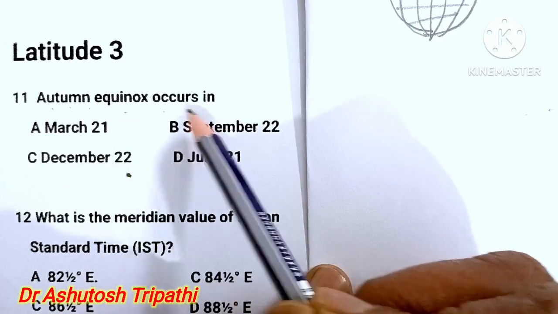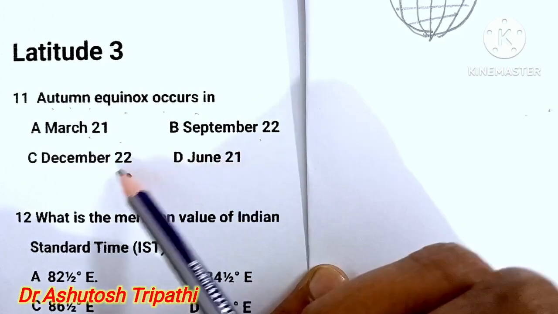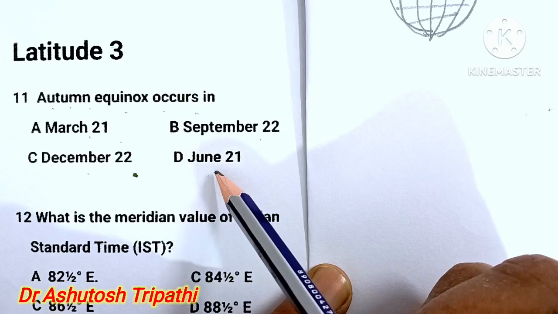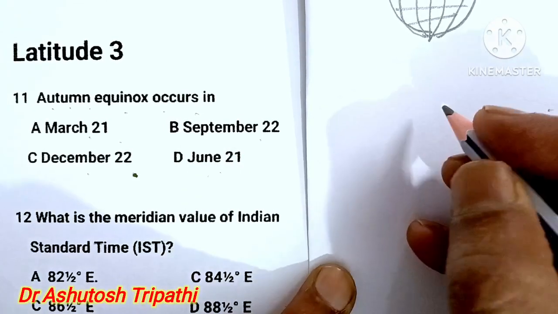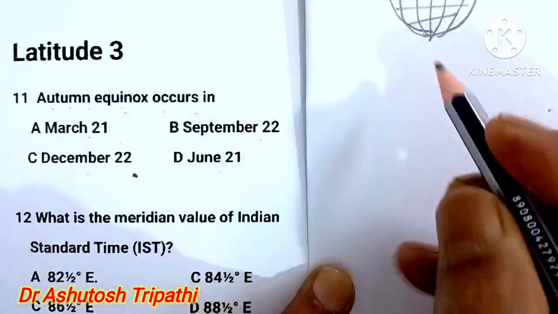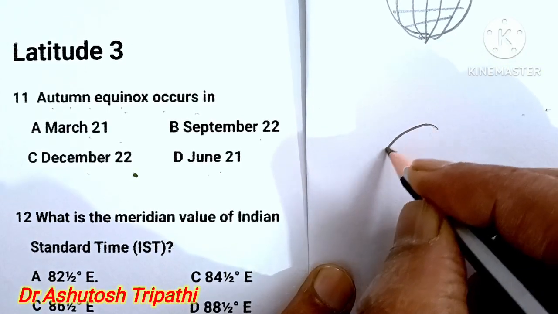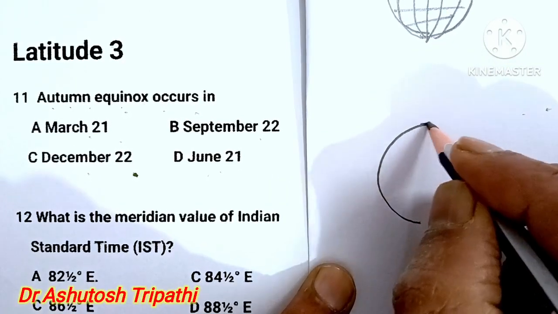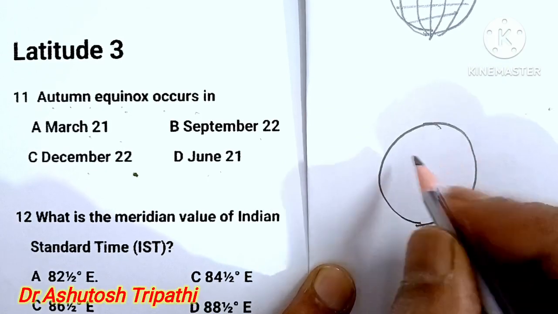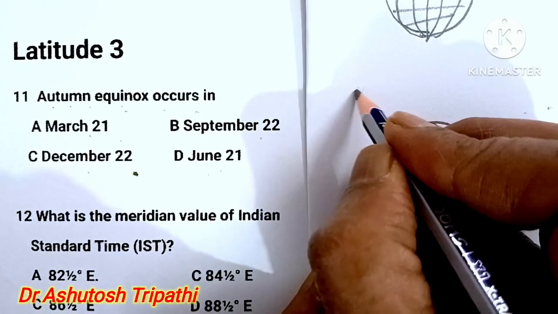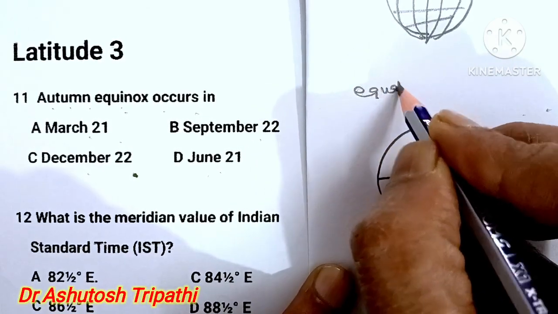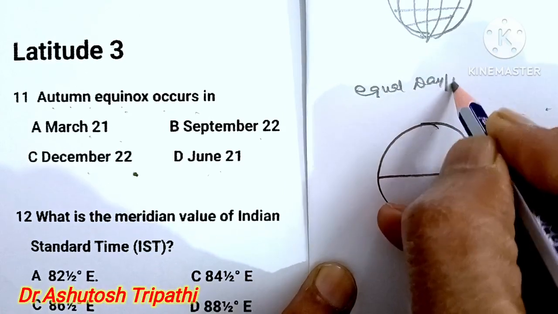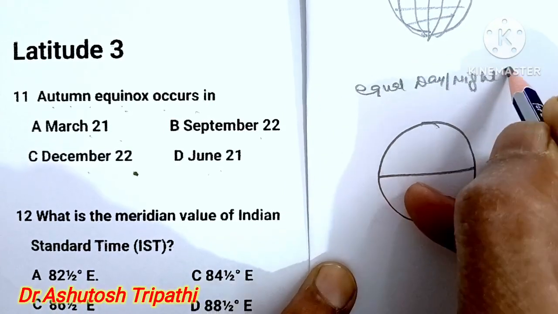Autumn equinox occurs on March 21, September 22, December 22 or June 20. First you have to know what equinox means. Equinox means equal day and night on earth.